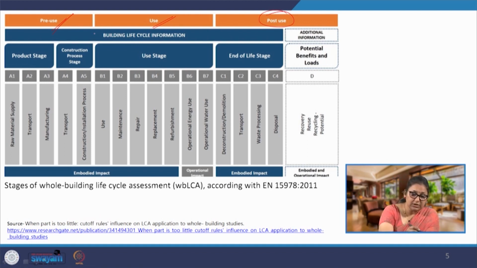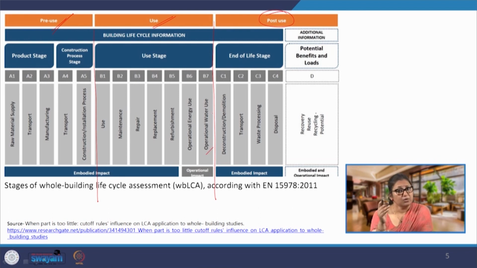So, the use stage is when the building is in operational use. These are the activities that are going to be there, which we have just seen: the use of the building, there will be maintenance, repair, replacement, refurbishment. There will be emissions coming from the operational energy use, which will be the most significant part of overall emissions from the building as a product, and operational water use.